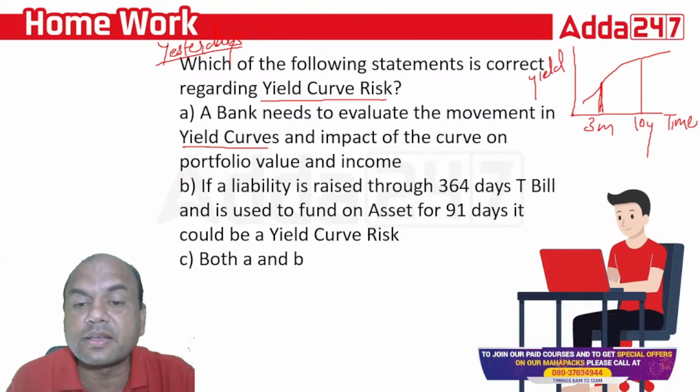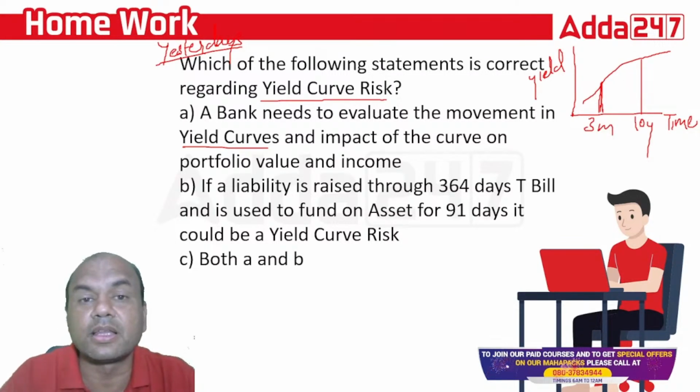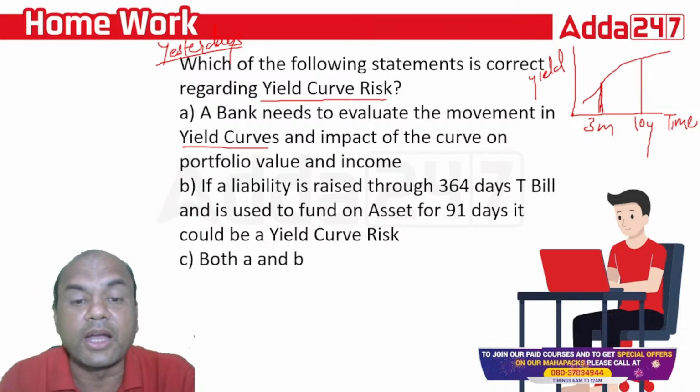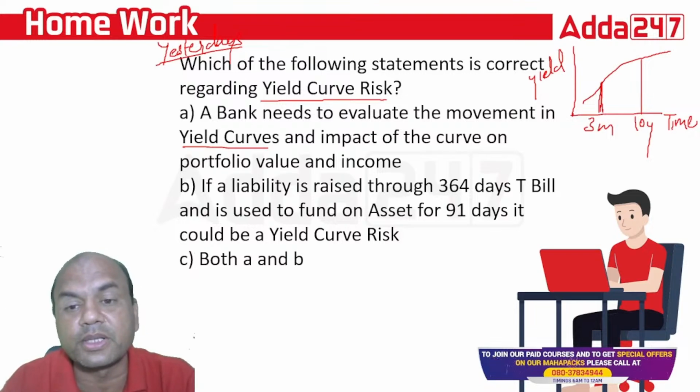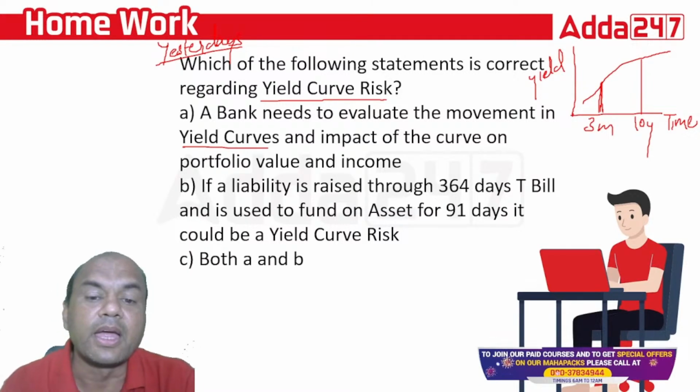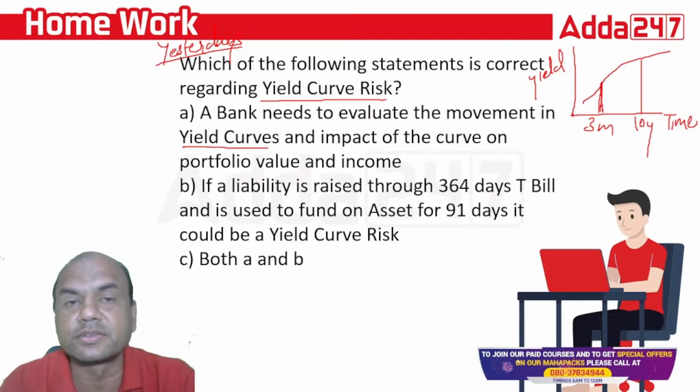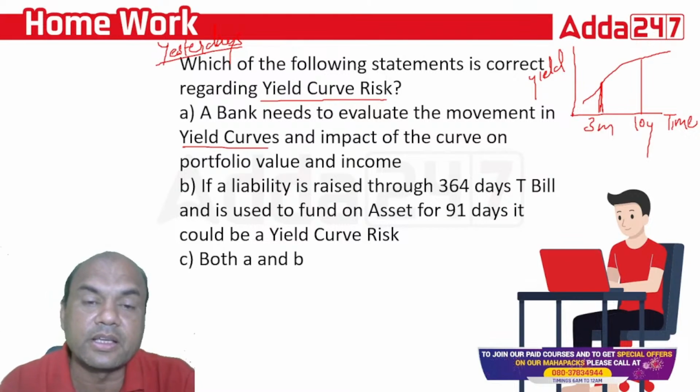If I take a deposit of 364 days and give a loan of 91 days, will I be facing a yield curve risk?